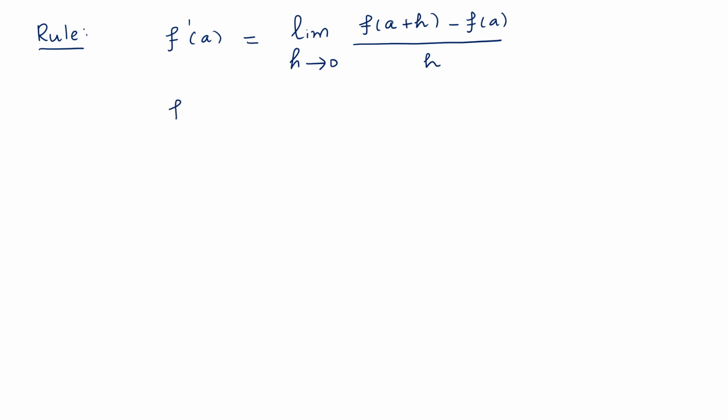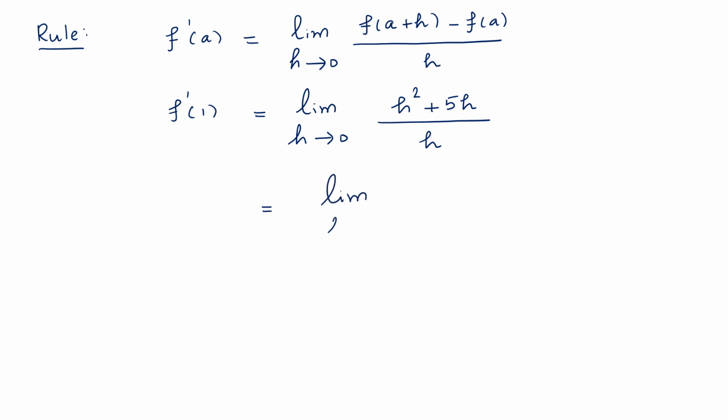So a value 1 here, so f'(1) equal to limit h tends to 0. This numerator we already found, it is h square plus 5h over h, which is equal to limit h tends to 0. h is a common term, we can take it outside.